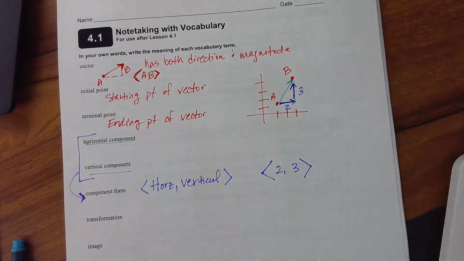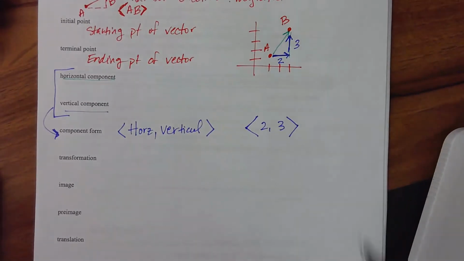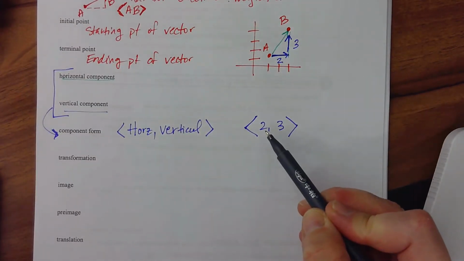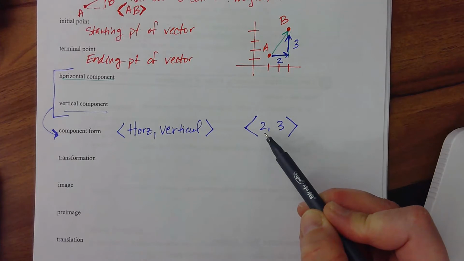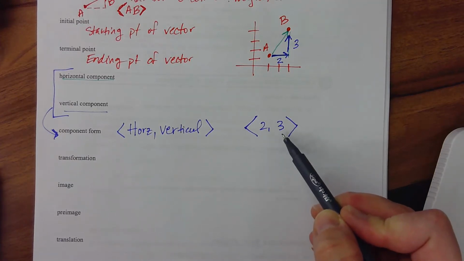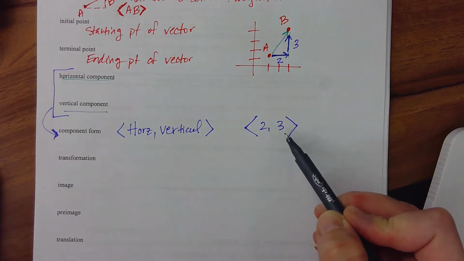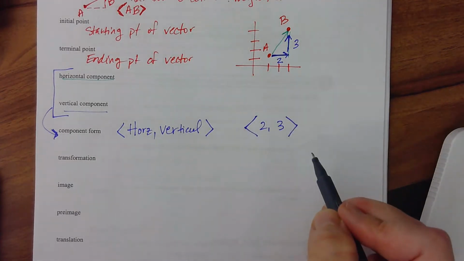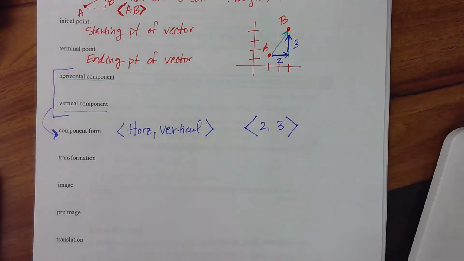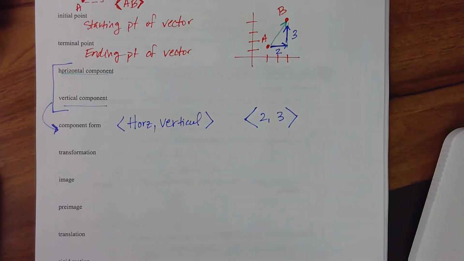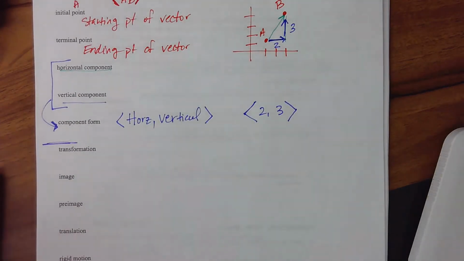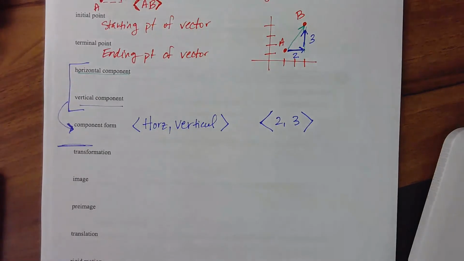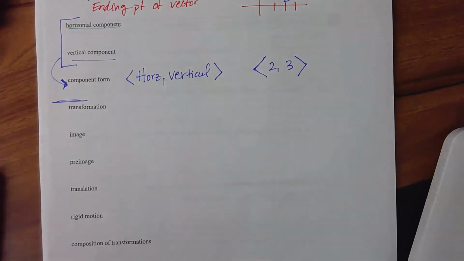How we read this is that I'm moving 2 in a positive direction horizontally on the x-axis, and 3 in a positive direction, or up, on the y-axis. Reading this is like how you read a point; we're talking about moving in a direction. That's the biggest difference with a vector. You'll talk a lot more about vectors in pre-calc, so they'll come back, but this is just an introduction.